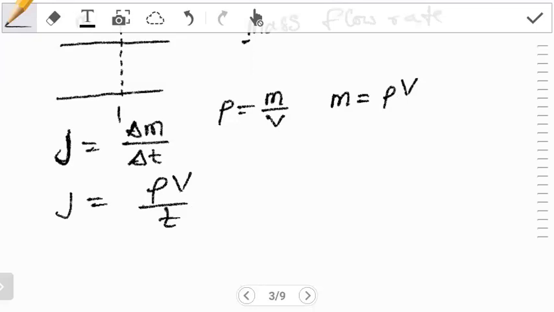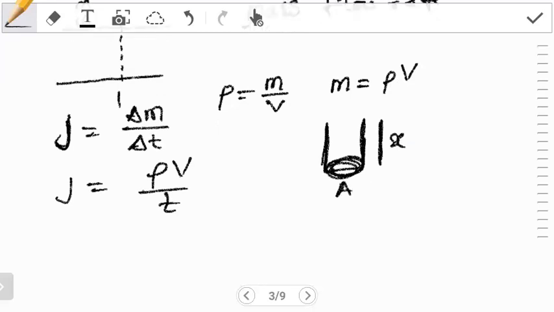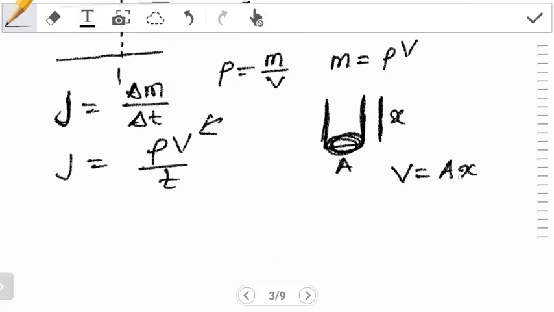Next, I also recall that to calculate volume, if I have a shape like this, and I know the cross-sectional area A at the base, and some length x, then to calculate V, all I have to do is multiply A and x. So where there's V here, I can substitute Ax, where A is the cross-sectional area of the tube, and x is the length through which the mass has moved.